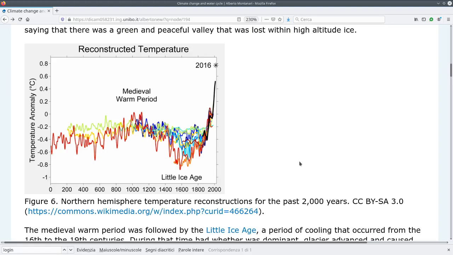That period was followed by what is called the Little Ice Age, which terminated around 1750. And after 1750, there has been a steady increase of temperature with a sharp increase in the past 30 years.